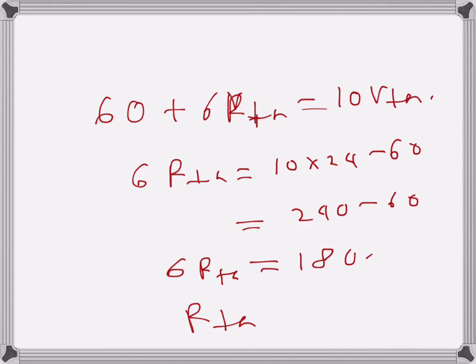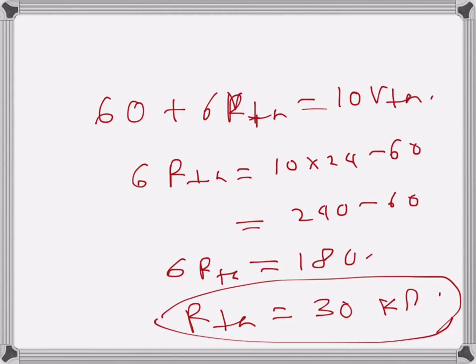So R Thevenin is of course 30, and it will be kilo ohms because the other resistances are in kilo ohms. So we have the Thevenin's equivalent circuit: V Thevenin is 24 volts and R Thevenin is 30 kilo ohms.